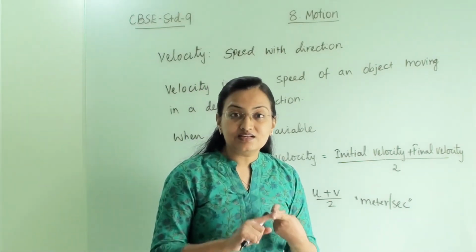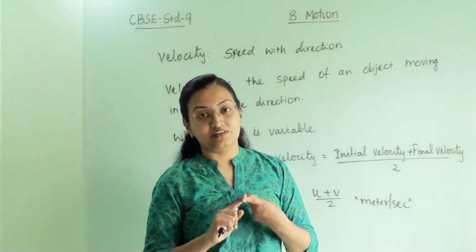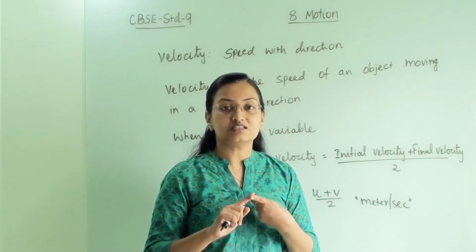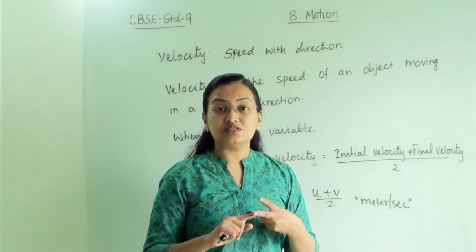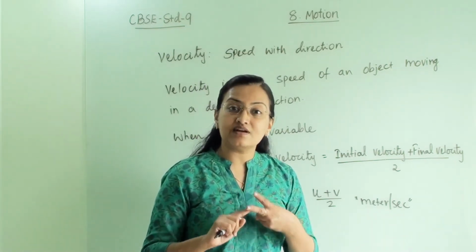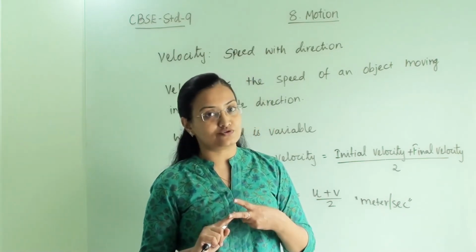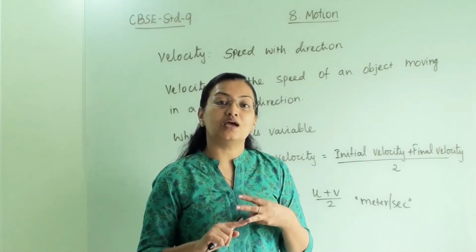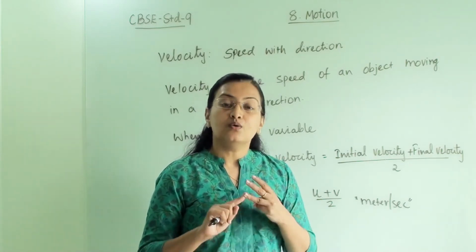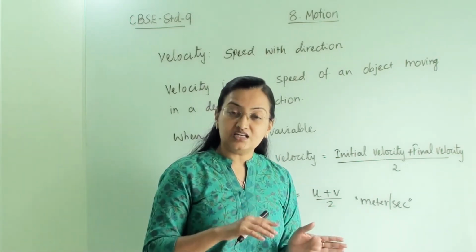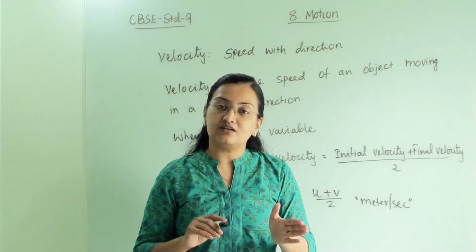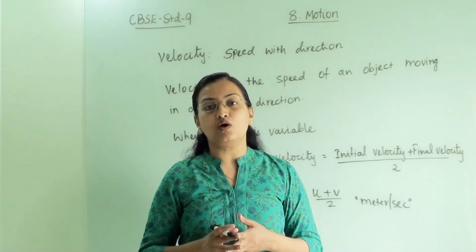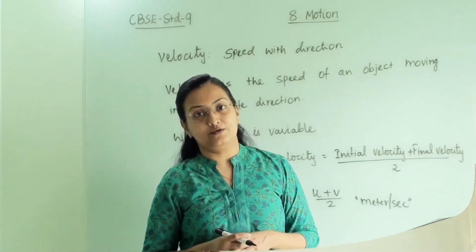Speed is distance covered in a specific time interval, distance divided by time. When speed comes with a direction, that is known as velocity. After that, we learned average velocity: the initial velocity plus final velocity divided by 2. And the units of all three quantities are meter per second.